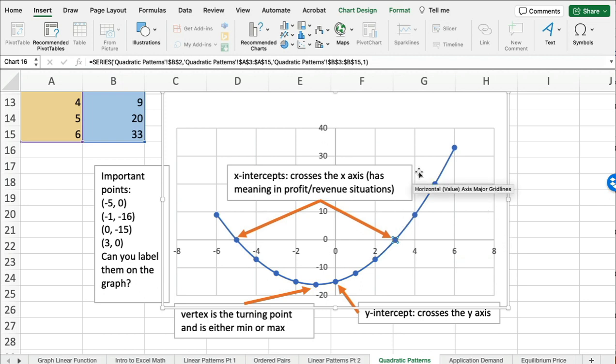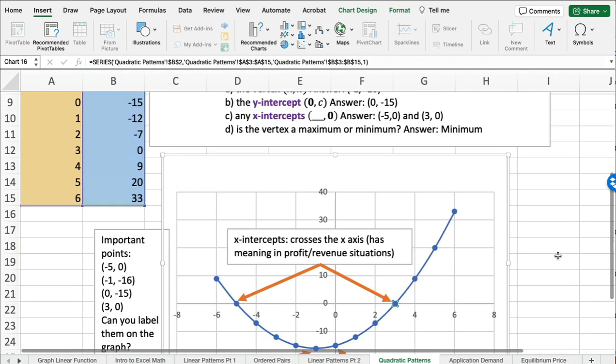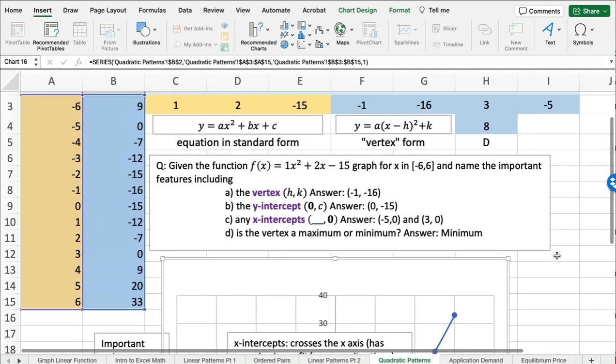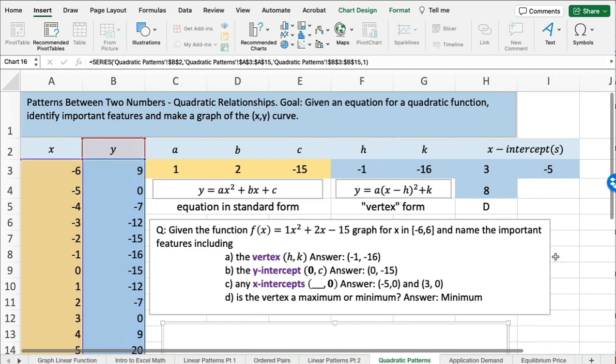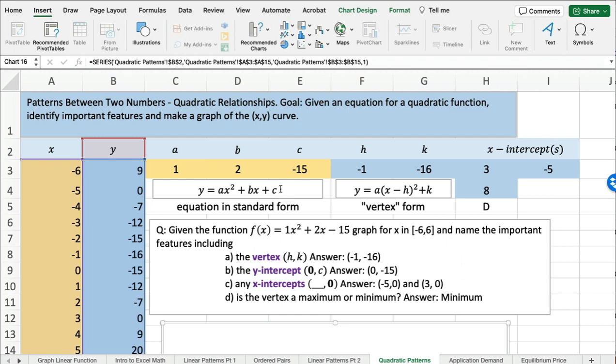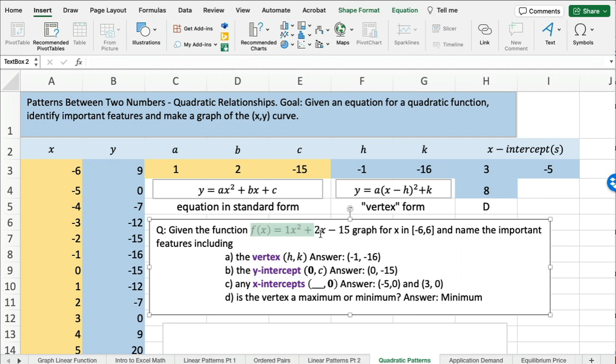When we get into some applications, you're going to see what the meaning is behind some of those important points. That pretty much covers our basic understanding of what a quadratic function is and what the basic features are, provided that we are given the equation in standard form here. So you have to start with that.